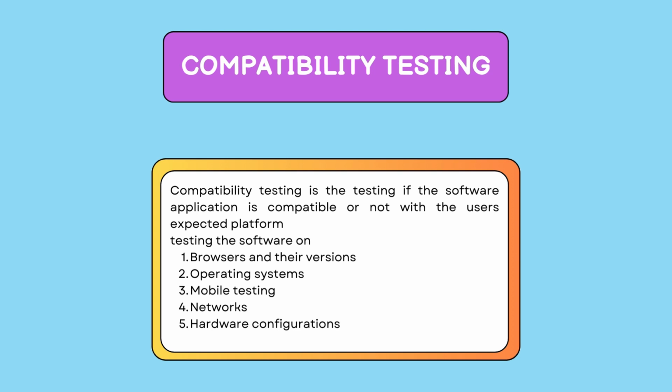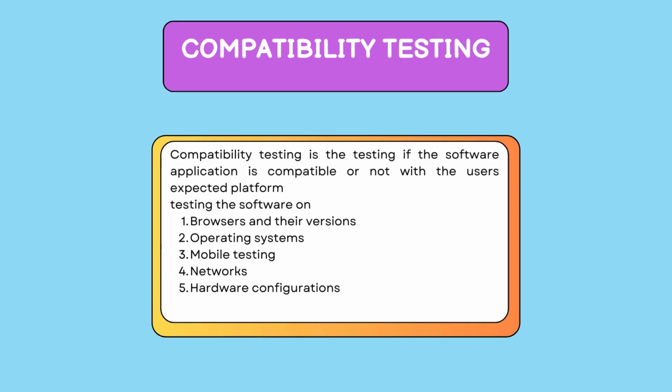We test the software on different operating systems also, like Windows, Linux, Mac OS, etc. We also check the application on mobile devices and operating systems like Android or iOS. So we make sure our application is compatible with all the platforms where users will use it. This kind of testing is nothing but compatibility testing.